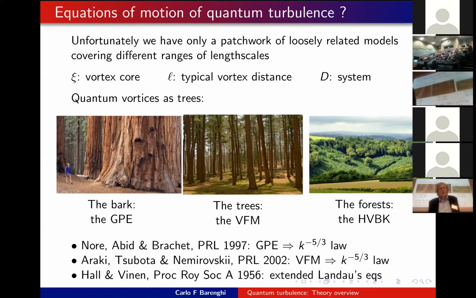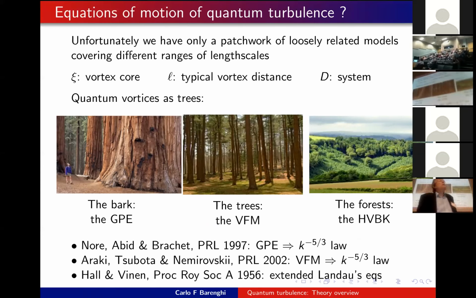As I said, the Gross-Pitaevskii equation, the GPE, at the microscopic level, and then we have another model, the Vortex Filament Method, abbreviated VFM, and then at the level of the forest, the Hall-Vinen-Bekarevich-Khalatnikov equations, HVBK. So there are three different descriptions.